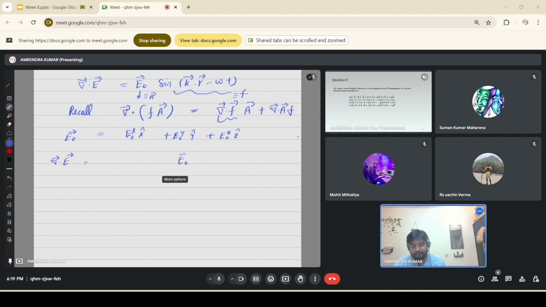So the E naught vector is multiplied with this divergence of f.